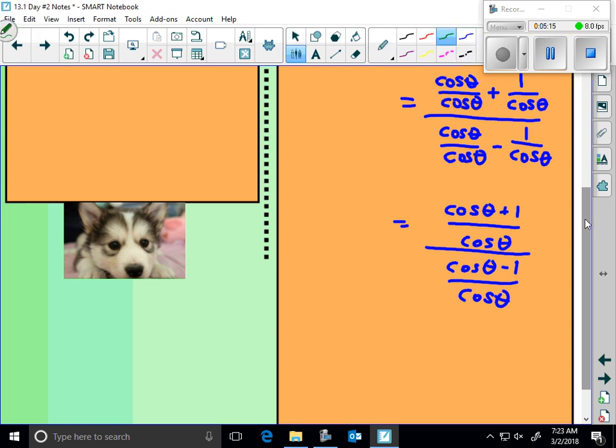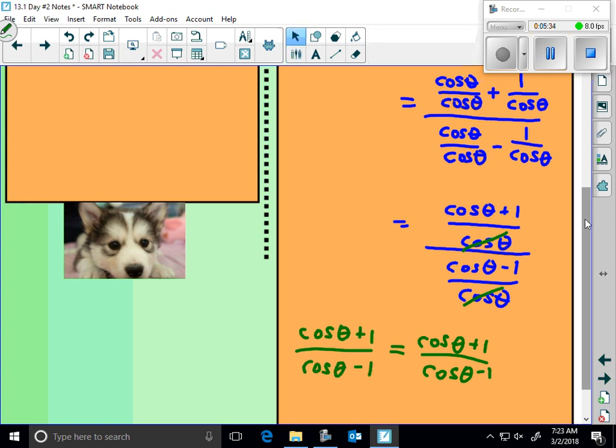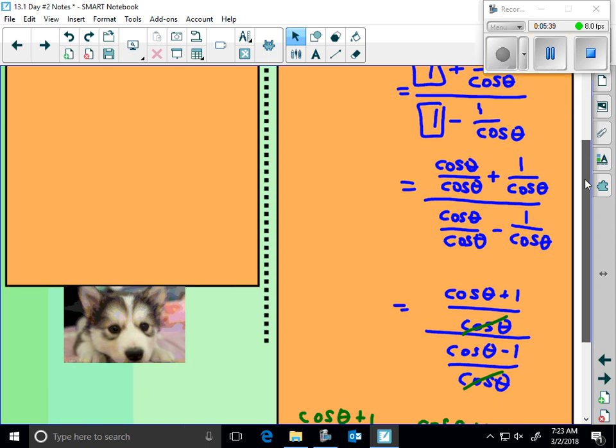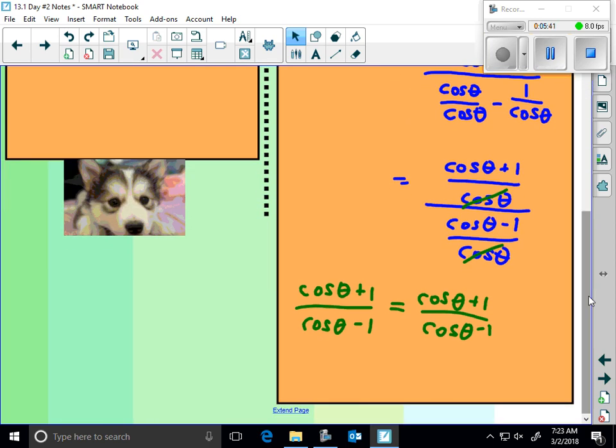Now you'll notice these two cosine thetas, they will cancel, and what we'll get is cosine theta plus 1 over cosine theta minus 1, which I believe is what we're looking for. Hold on, let me confirm. Sometimes you can forget what you're actually trying to prove here. Boom, we are done. Okay, so that'd be a common denominator problem. Let's keep doing a couple more.